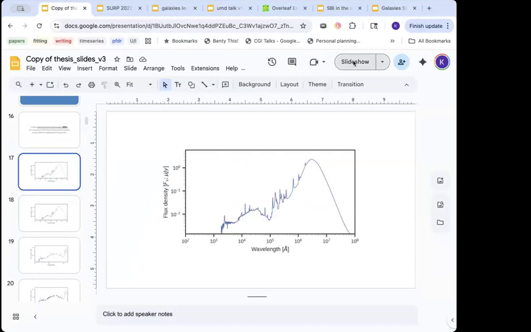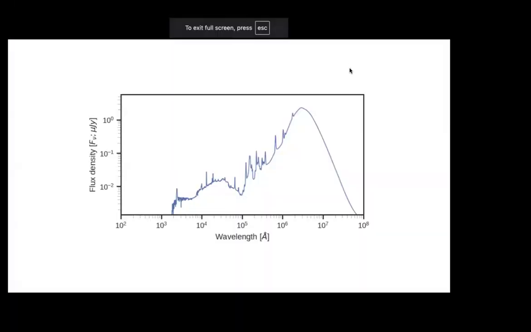So this is showing one example spectrum, right? Here the x-axis is wavelength in angstroms. So 1 angstrom is 10 raised to minus 10 meters. And the y-axis is flux density. Flux density is what you're talking about when you say, I have a galaxy, it's emitting photons, and these photons are spreading out isotropically in a shell, right?